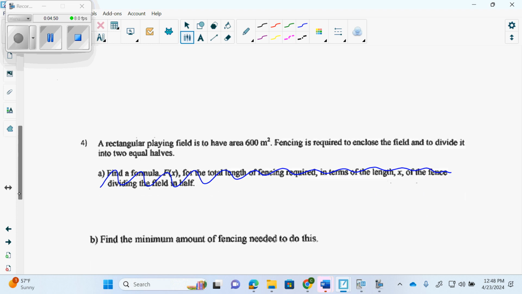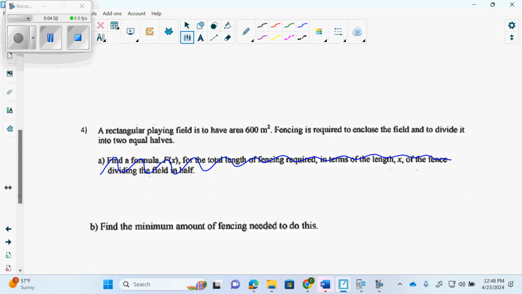So here, we also did these in grade 11. It says a rectangular playing field is to have an area of 600 meters squared. Fencing is required to enclose the field and divide it into 2 equal halves.